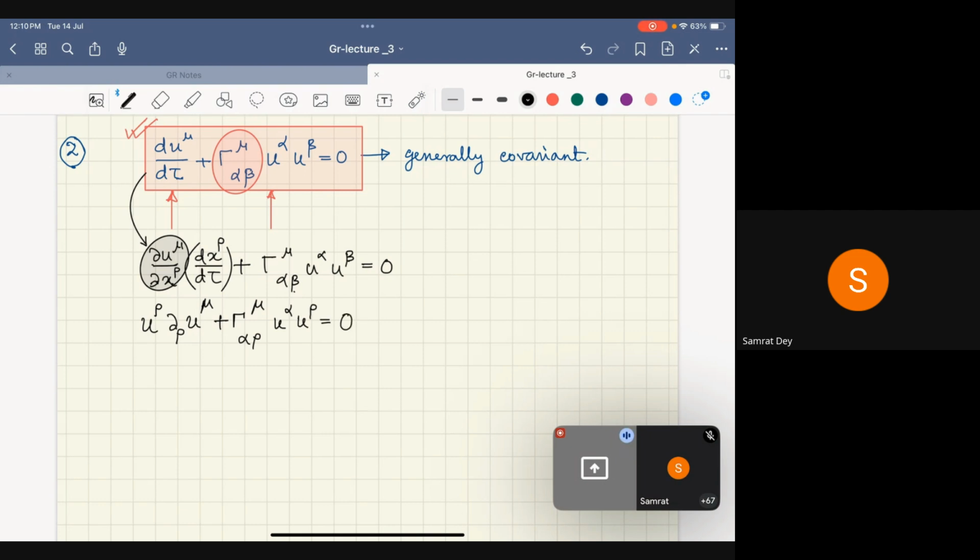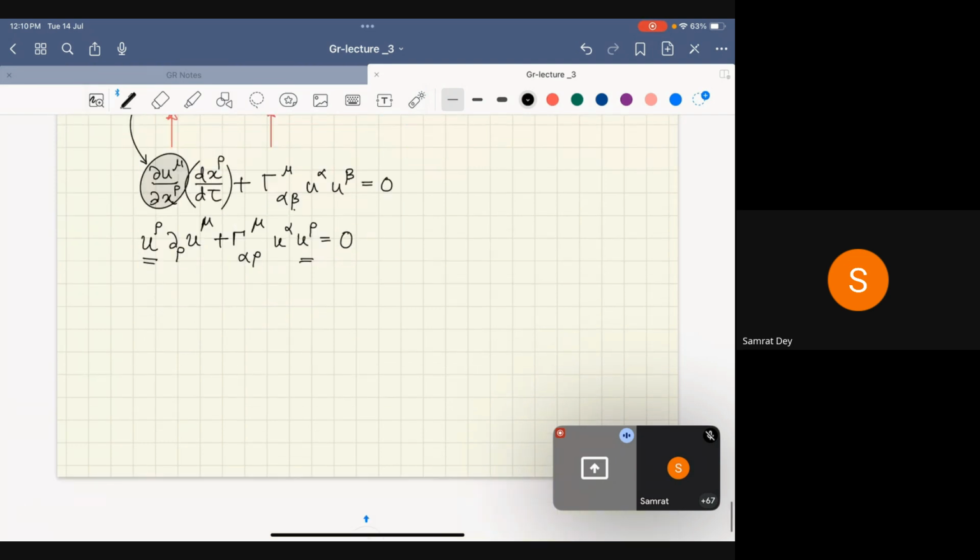I have not done anything which is not allowed by the rules. I have just changed this beta index because it is repeated, and that means it is summed over, and that implies that it is a dummy index. I can replace beta by any other letter in this Greek vocabulary, and I happen to choose rho simply because then I can take this u^rho common from both these terms.